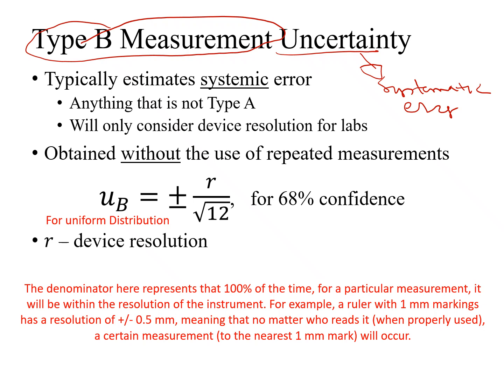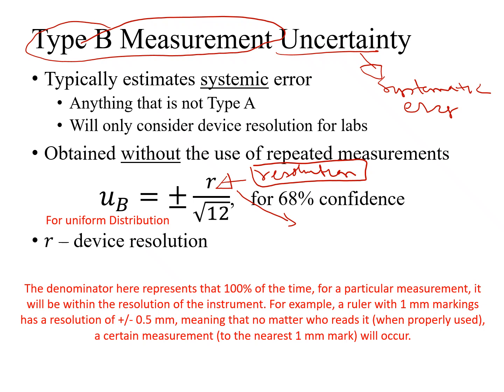One of the things we'll be doing in this lab is calculating the type B uncertainty based on resolution. I'll show you an example where you also have type B uncertainty due to calibration or some other thing, but here our focus in this lab will be on calculating the type B uncertainty based on resolution.